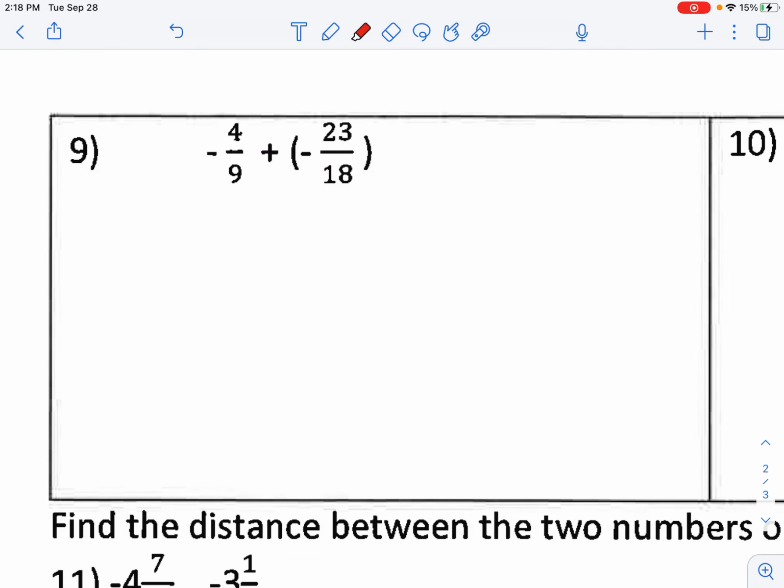So here we have a negative fraction plus a negative fraction. Same signs, find the sum. So I'm going to add these two together, line them up vertically.